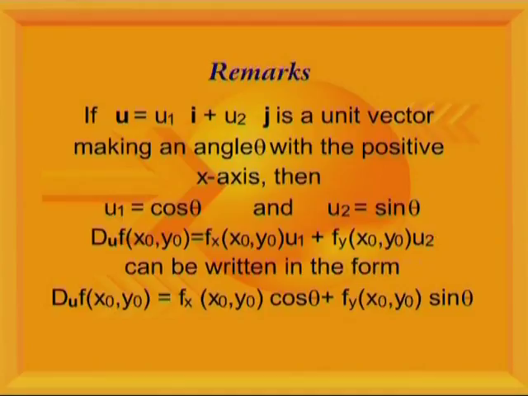This theta is the angle which the vector makes with the x-axis. So in place of u1 and u2, we can use cosine theta and sine theta in our definition if we are given the angle of the vector which is making with the x-axis.